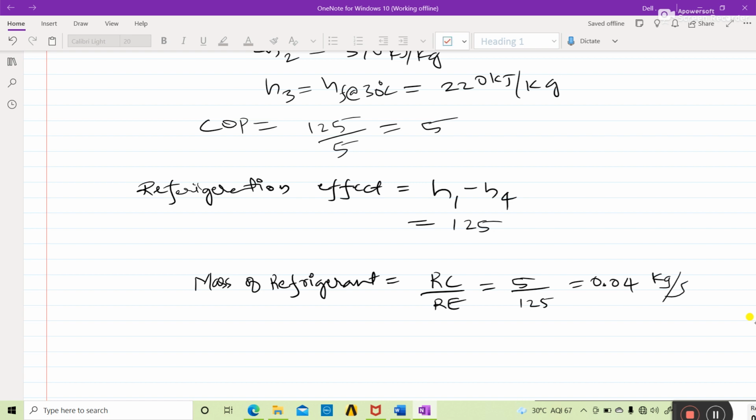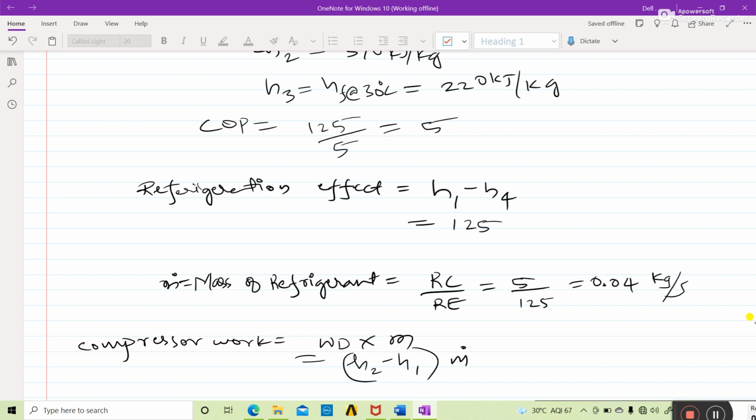Then compressor work or power. Compressor work is work done per kg multiplied by mass flow rate m dot, which we have calculated.